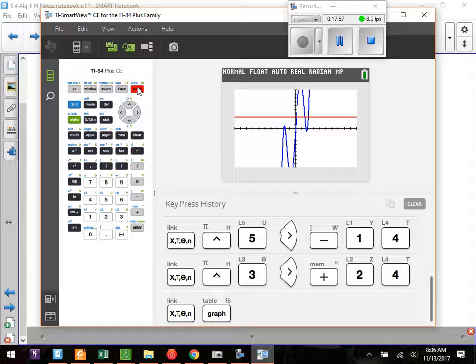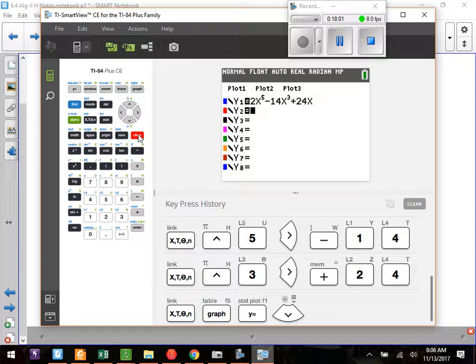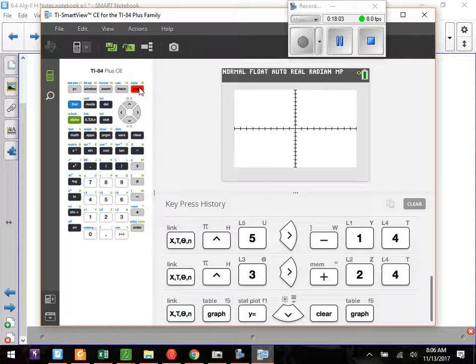You get a rough sketch with the plot with zeros. I don't know why I keep forgetting to back out that y equals 3.